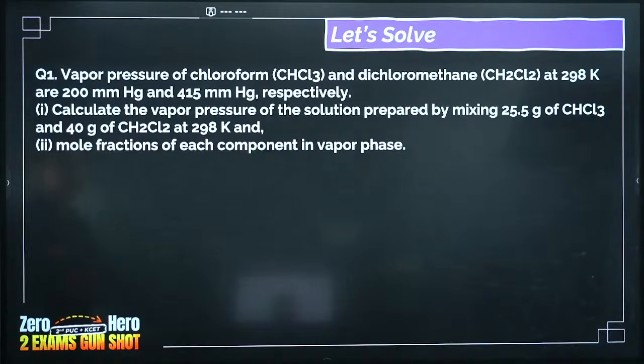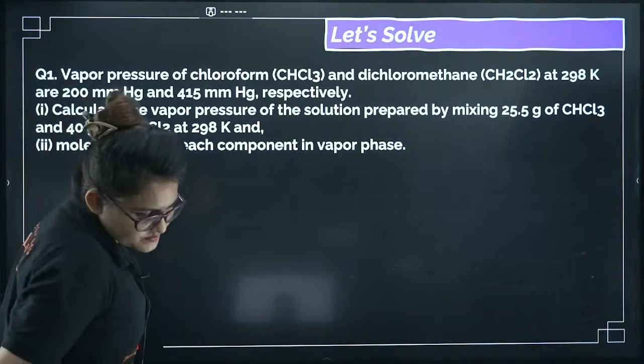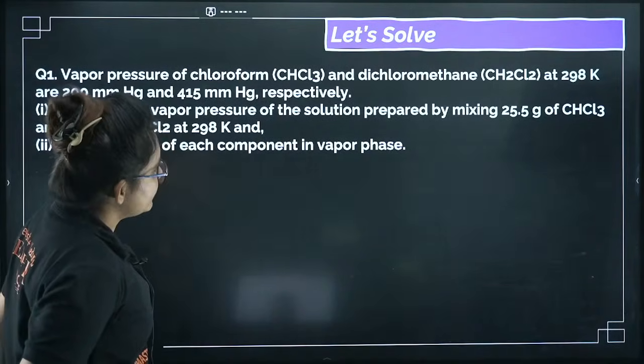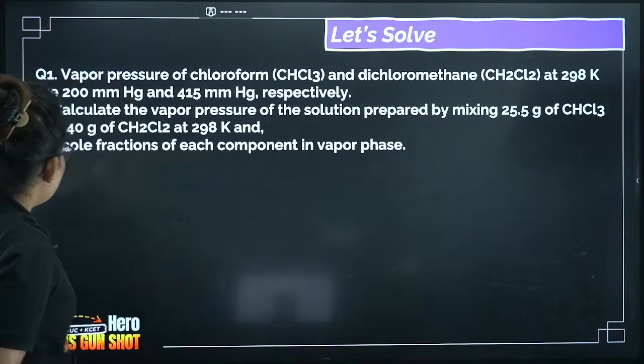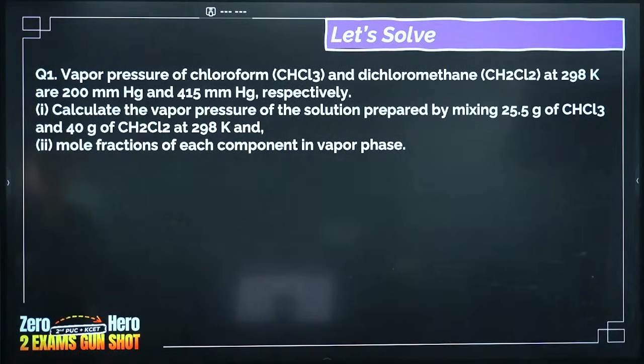Calculate the vapor pressure of the solution prepared by mixing 25.5 gram of CHCl3 and 40 gram of CH2Cl2 at 298 Kelvin.